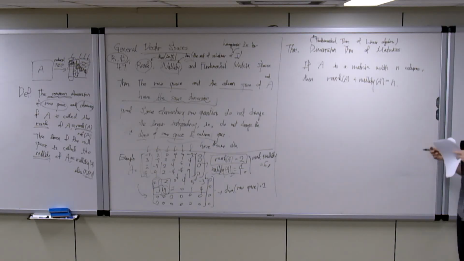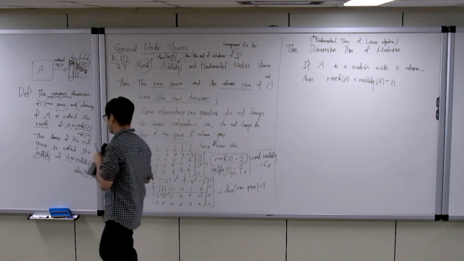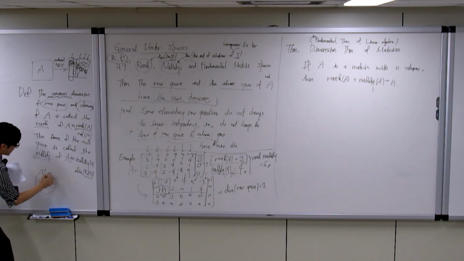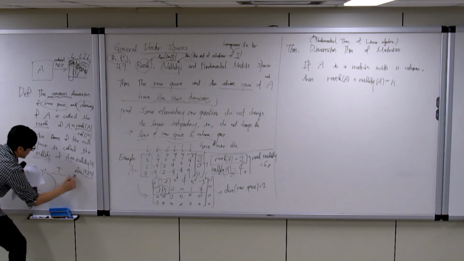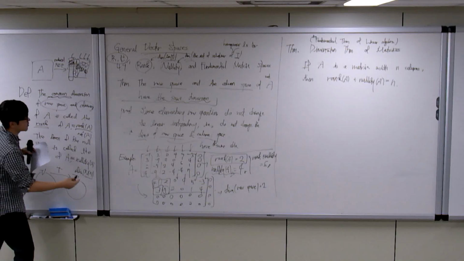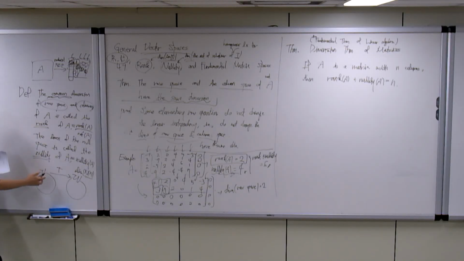So when you see a figure, if there is a vector space V and you have an operator on V, do not think only of operators, I will just say linear transformation.